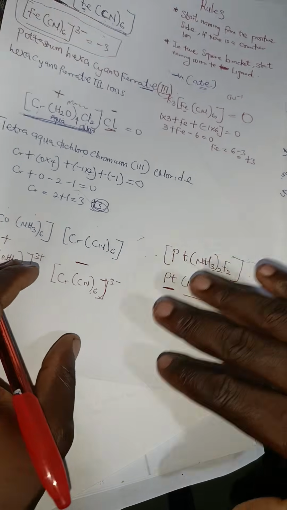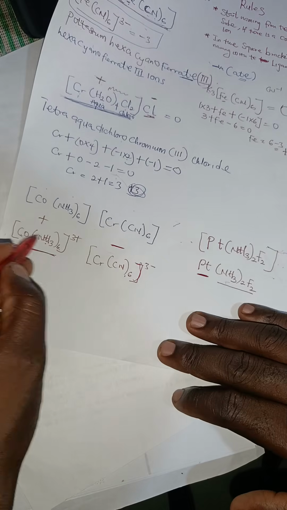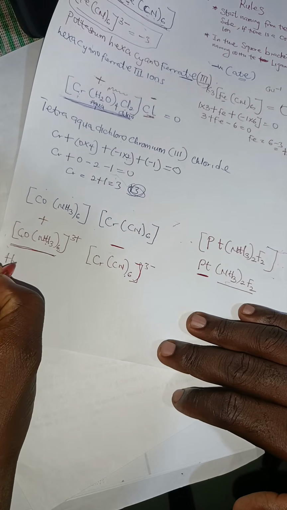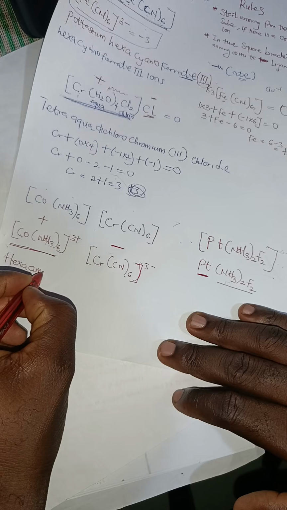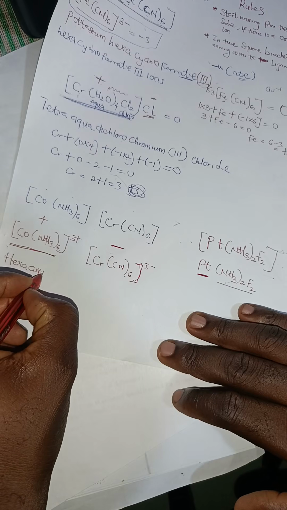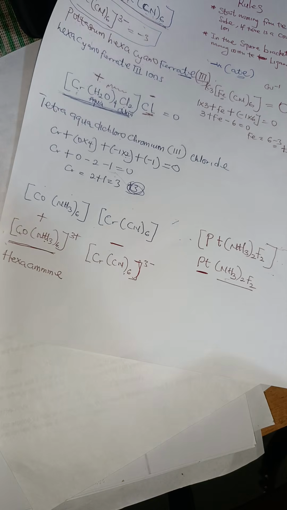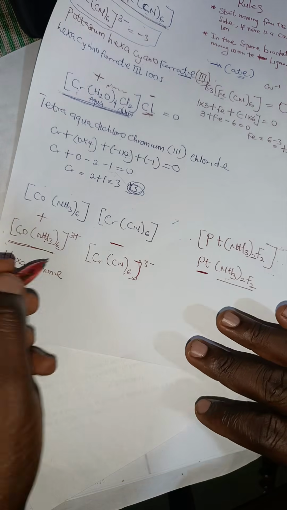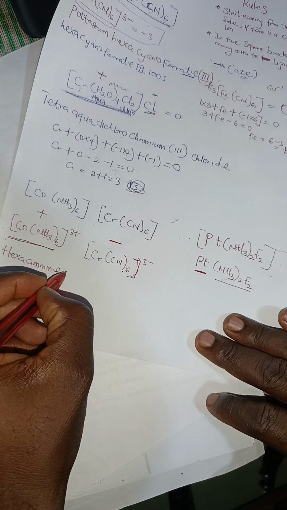Ammonia is amine. So then we are going to have hexaamine, then cobalt.